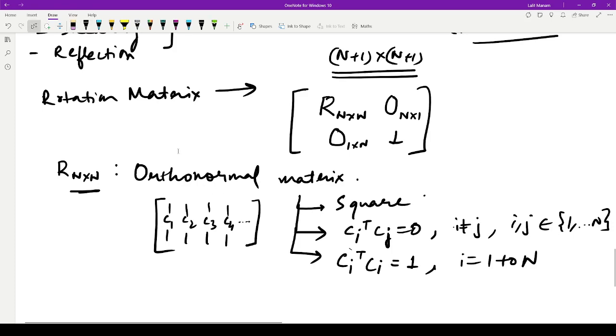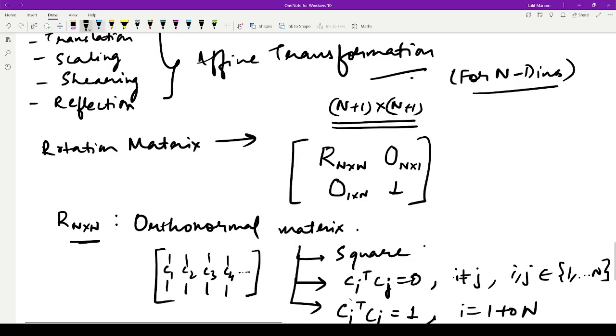And I will call this the rotation matrix, and this is the rotation transformation. This is also a rotation matrix by definition, but for our session, I just want to make it different.